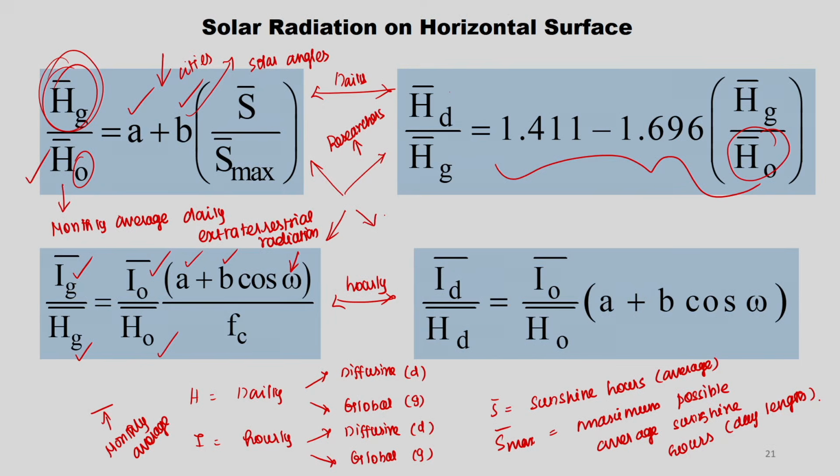Omega is the hour angle, Fc is a correction factor, and after calculating Ig, we can calculate Id as well, that is diffusive radiation, using this particular formula. Again A and B are fitting constants, which we can calculate using some other correlations. These are either formulae or correlations that we will see in detail when we do problems.